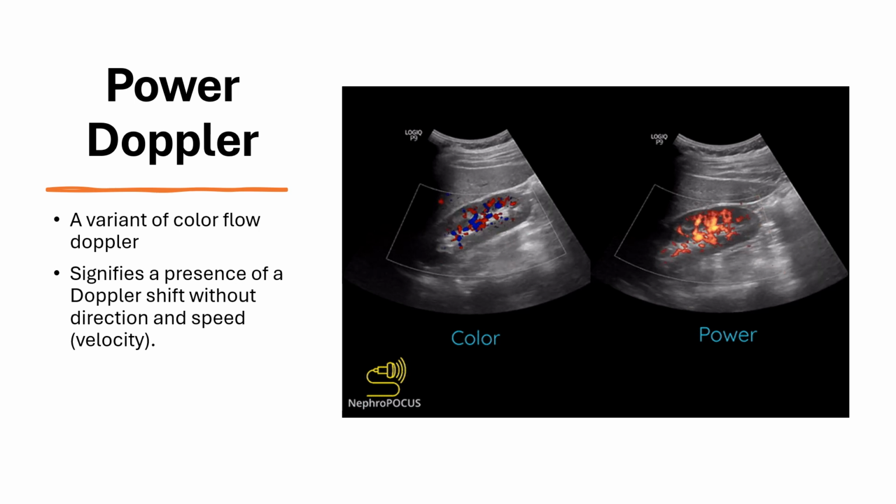It is unaffected by angle, unless it is exactly 90 degrees. It's unaffected by the aliasing velocity. The disadvantages include lower frame rates and image quality. You cannot measure the velocity or direction of the flow, and it is susceptible to motion artifact when you move the transducer in soft tissue, when you see a burst of color or flash artifact.